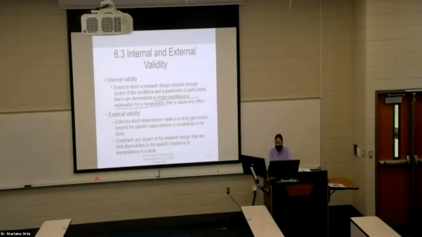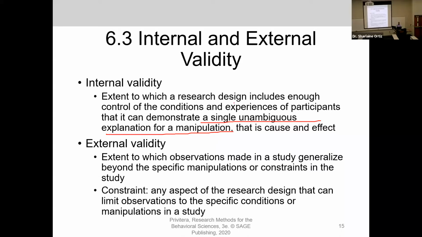So that I can be justified in saying my manipulation, my treatment, my independent variable does in fact have a cause and effect. I want to make sure that it is valid. So if I start removing and try to control for those conditions, those experiences, I can with more certainty ascertain my explanation for that manipulation.